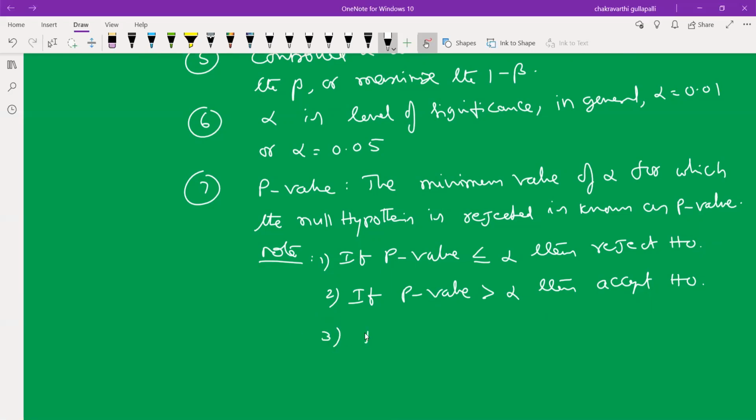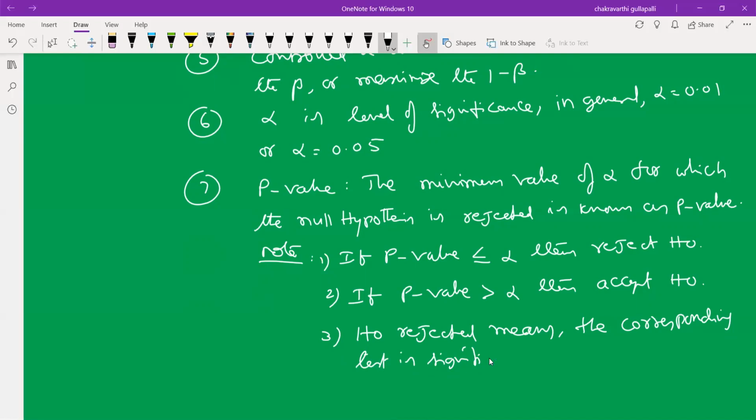One more note. H naught rejected means the corresponding test is significant.